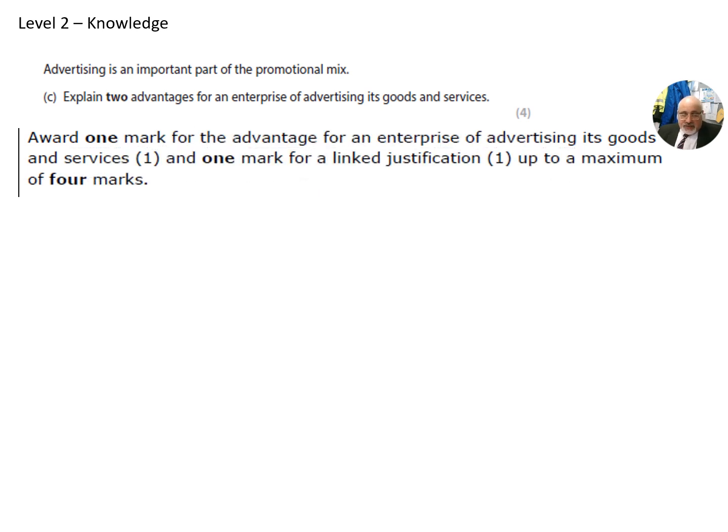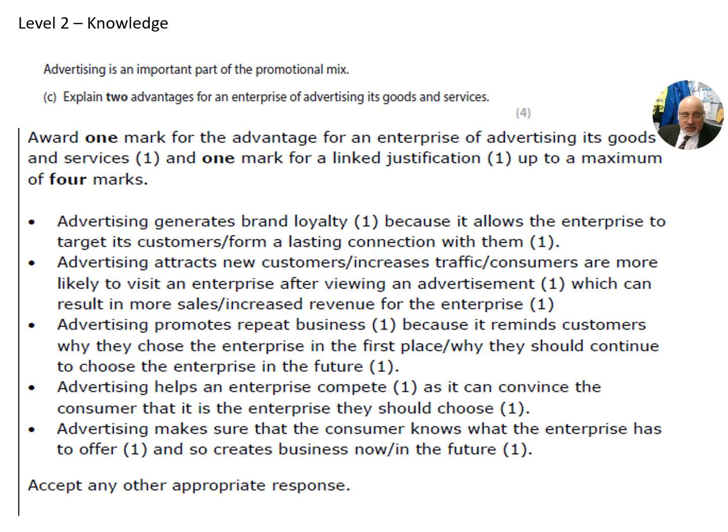The mark scheme says that you award 1 mark for an advantage and then 1 mark for a linked justification. The important thing here is a linked justification. So you need to say the reason why you've given that point. Here are some model answers. I'm going to look at the second bullet point.